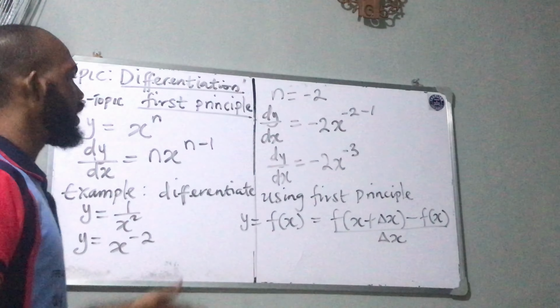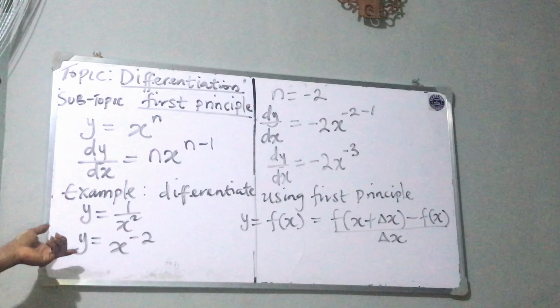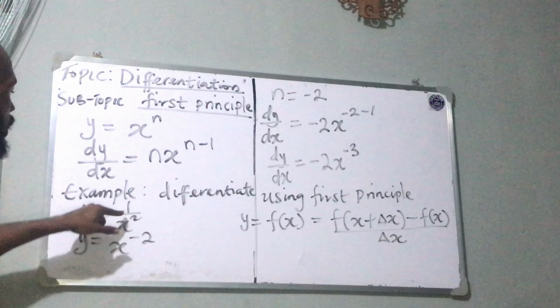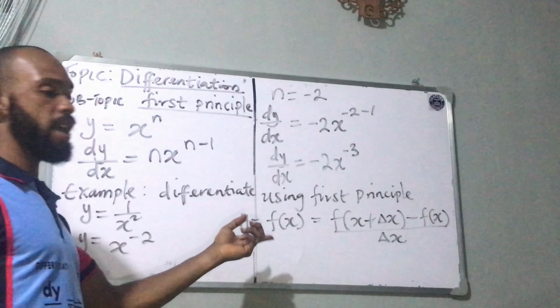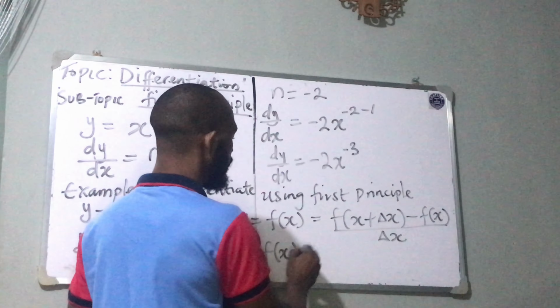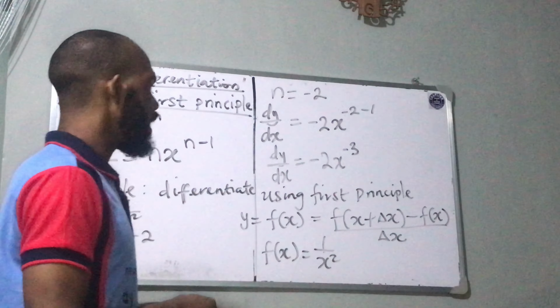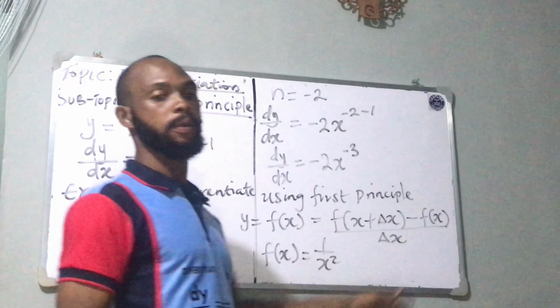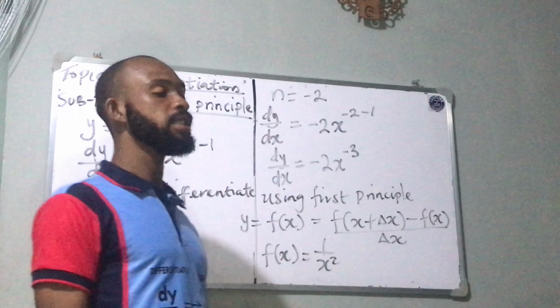Now, from y equals 1 over x squared, it means that my y is the same thing as my f of x. So I can as well say that f of x is equal to 1 over x squared. Now that means from the formula I have f of x already as 1 over x squared.